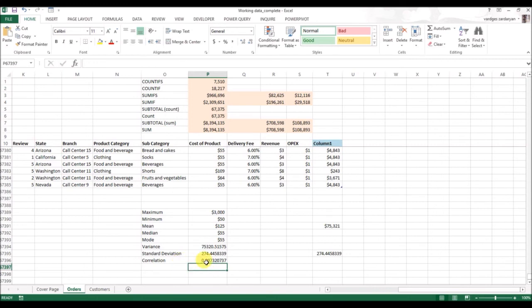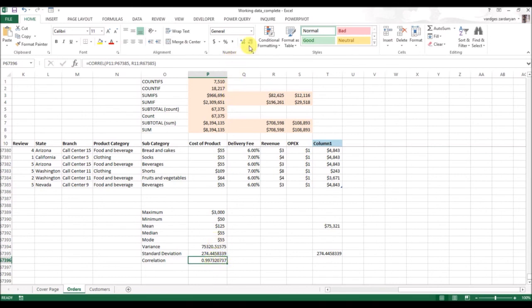Correlation shows the coefficient of relationship between these two variables. Correlation varies between -1 and 1. The closer the coefficient to -1 or 1, the stronger the relationship between variables. The closer to 0, the weaker the relationship.